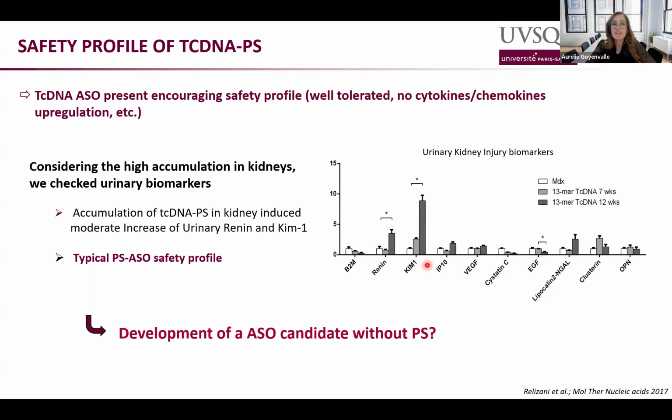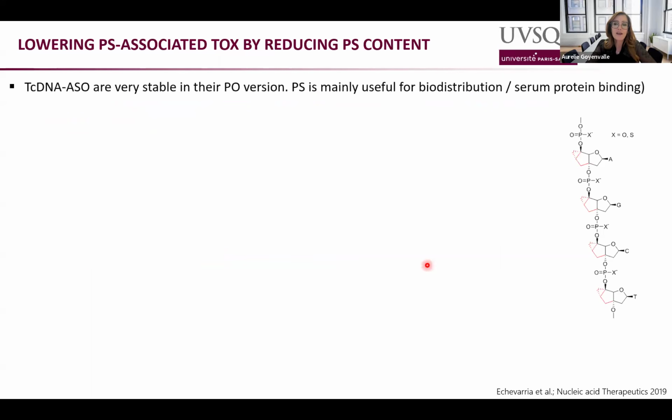So we investigated the possibility of lowering the PS content in the tricyclo oligonucleotides. This was an attractive strategy for tricyclo because they are very stable, even in their phosphodiester form, so in their PO version. And the PS for tricyclo was mostly useful for biodistribution and serum protein binding.